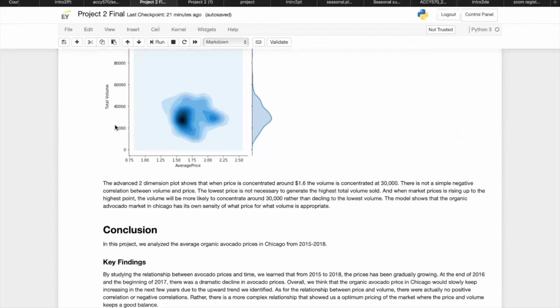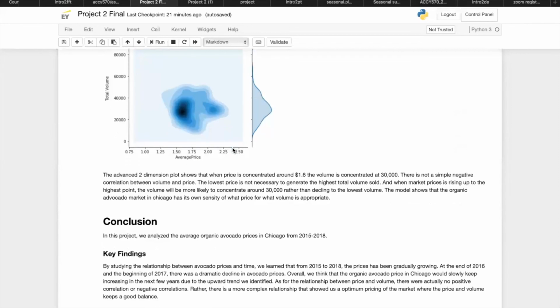And when the market price is rising to the highest point, the volume will be more likely to concentrate around 30,000 rather than decline to the lowest volume point. According to that, we draw a conclusion that the organic avocado market in Chicago has its own sensitivity of what price for what volume is appropriate.